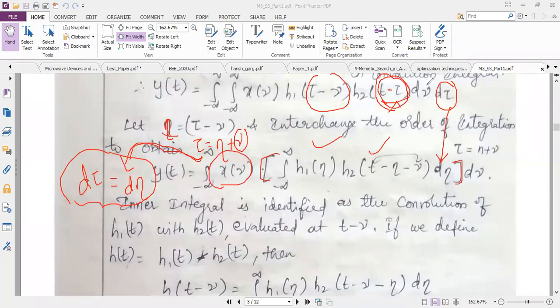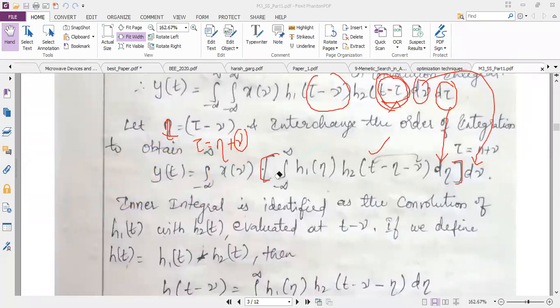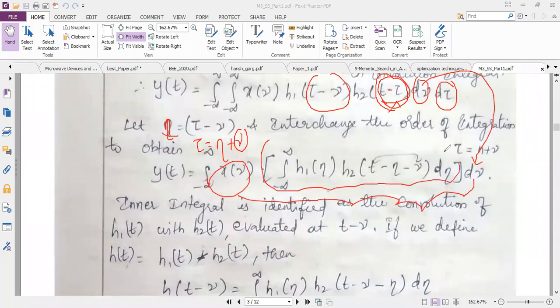For that x of mu, I have one d mu left from the previous equation, which I am putting in. So now the structure is like this: I have this integration and x of mu with this d mu, and here d eta is for this integration. Have any doubts in this?